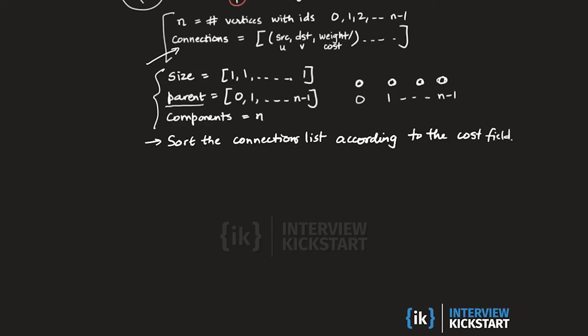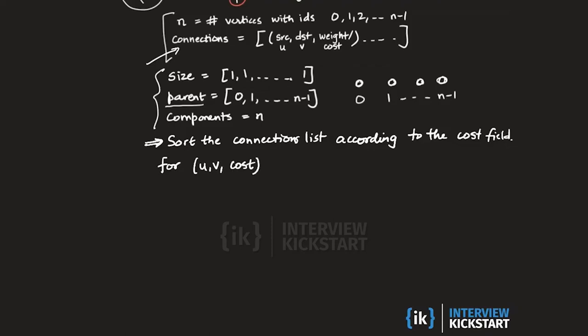So you need to know how to sort a list of tuples according to an arbitrary field in that tuple, and how you do this would depend on what programming language you're using, but you should be familiar with how to do that. So supposing that we do that by calling some native library sort function with the appropriate specification for which field to treat as the key, we then go through the connections array. Now it's sorted, so let's go through the connections array one edge at a time.